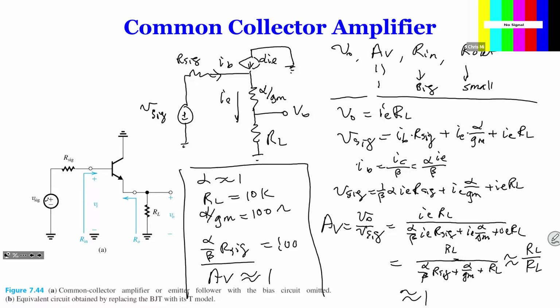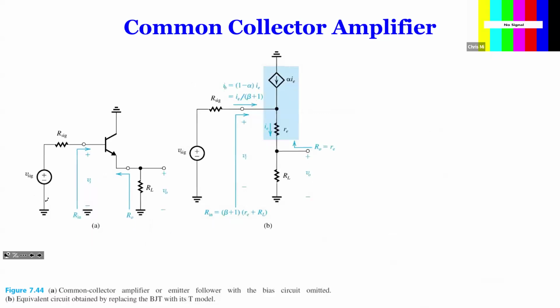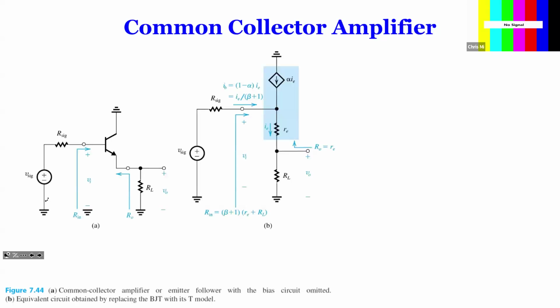The next step is really just to find the input and output resistance. In order to find the input and output resistance, we apply a voltage. When we find the input resistance, we apply voltage over here. I'm just going to do it on this slide.